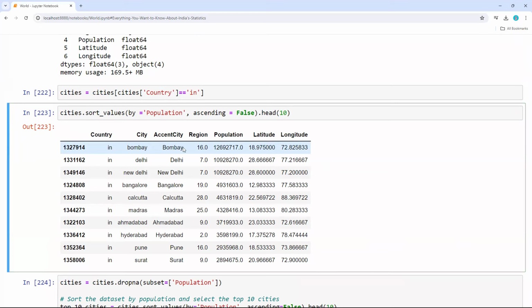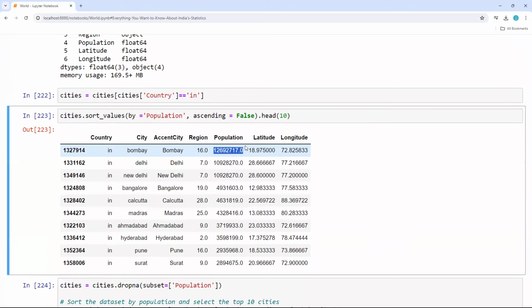The city name is Bombay, and the population is around 1.26 crore. I think this is also an old data set, as per 2001 or 2004, I guess. That is why it is showing just 1.26 crore. It might have increased in the latest data set, but this is for the older data set.